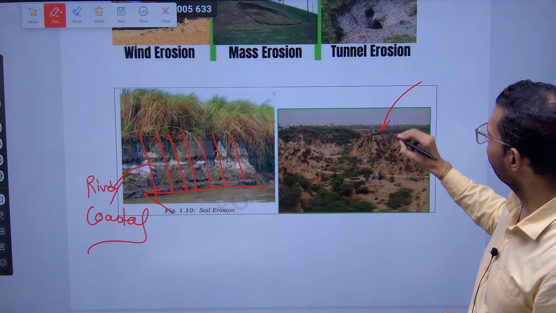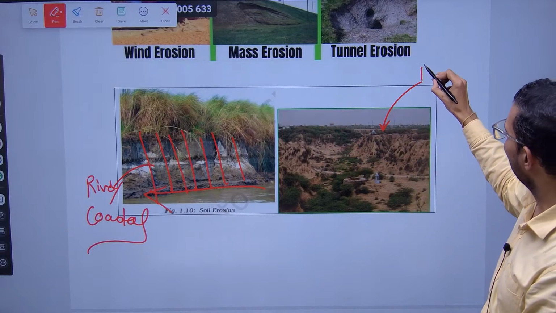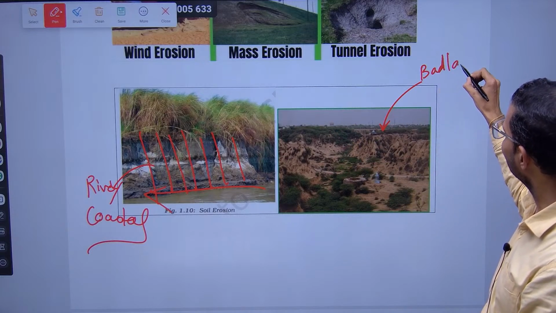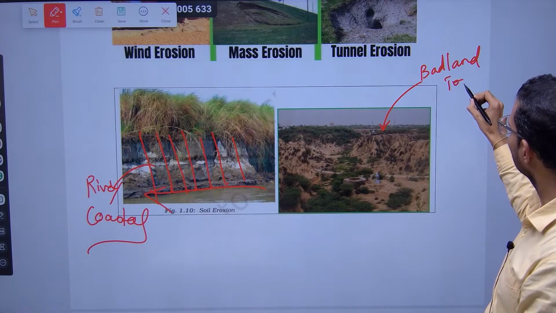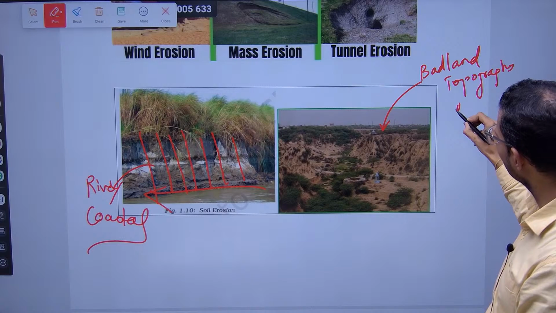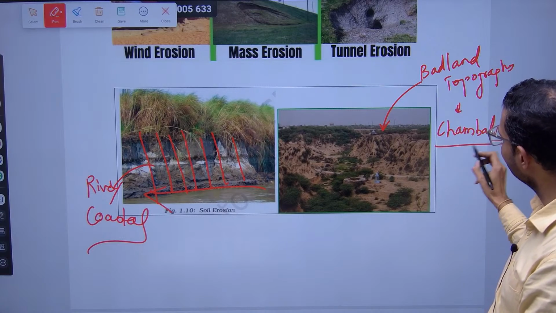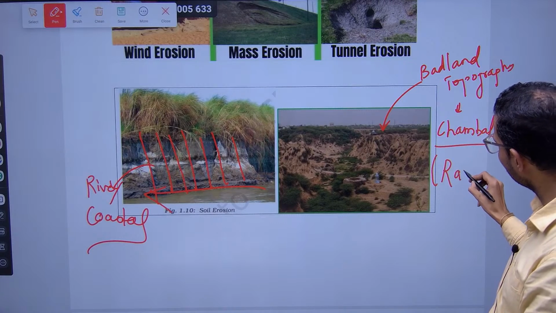Have you seen this image? Due to the soil erosion, this is called as the badland topography. हा जो रिजन आहे तो चंबळचे खोरे म्हणतो आपण, MP. त्याला बॅडलँड टोपोग्राफीला रॅवाइन्स सुद्धा म्हणतात.